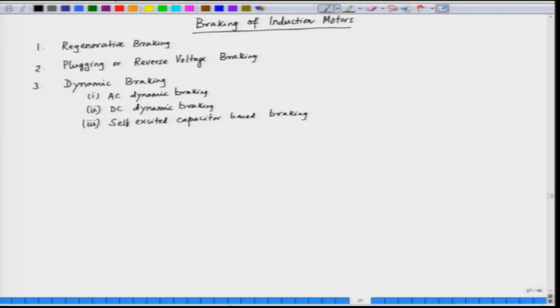So, let us try to understand what regenerative braking is. When we talk about regenerative braking, what happens is the following. Let us redraw the torque speed characteristic of an induction motor.